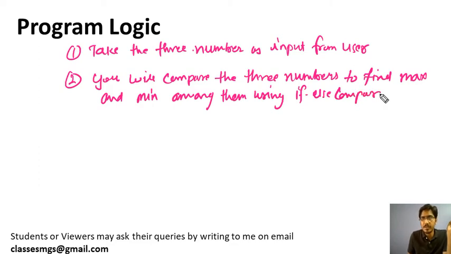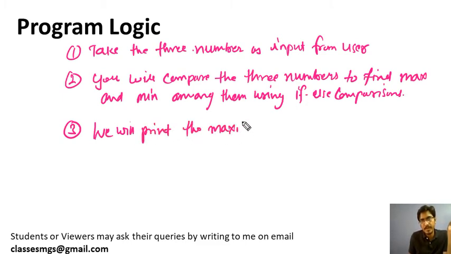I have already shown what kind of comparisons we need to write. In the third step we will print the maximum and minimum number.